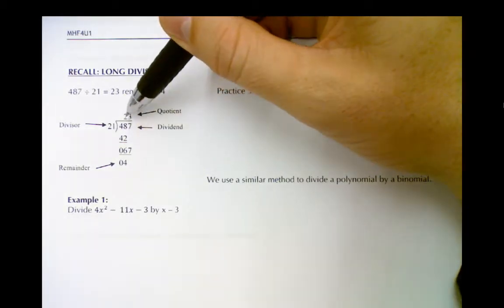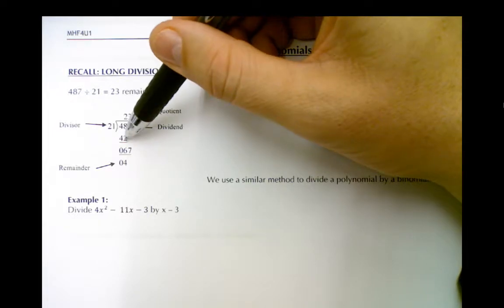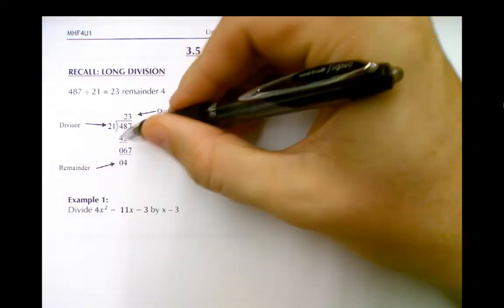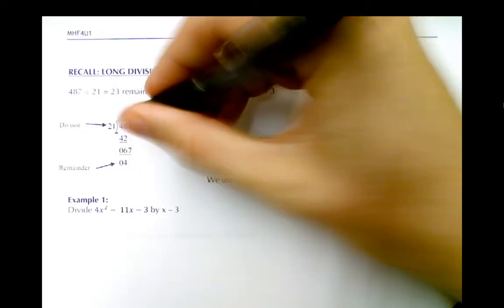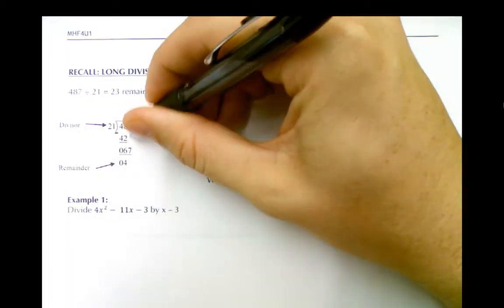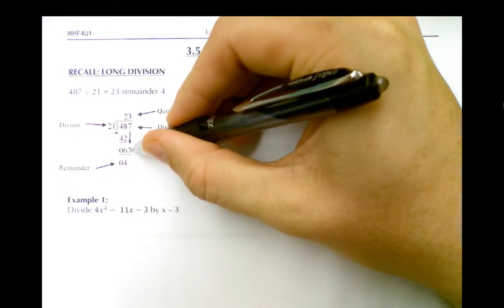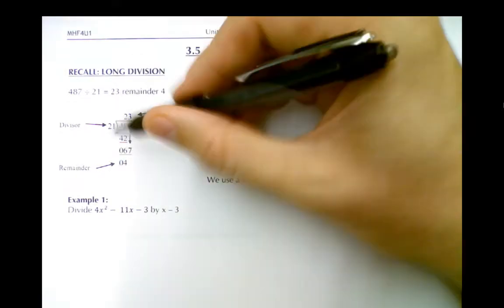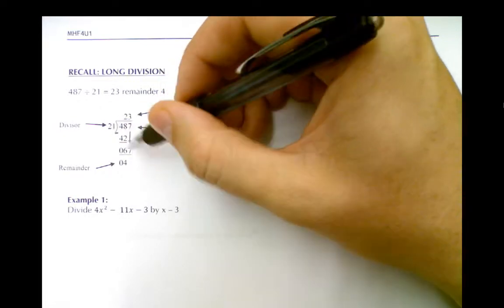So we write a 2 on top, and then we multiply across and down. 2 times 21 is 42. We subtract 42 from 48 to see what we're left with, which is 6, and then we bring down the next digit in the dividend, 7, to make the number 67. Then we ask ourselves, how many 21s fit into 67?